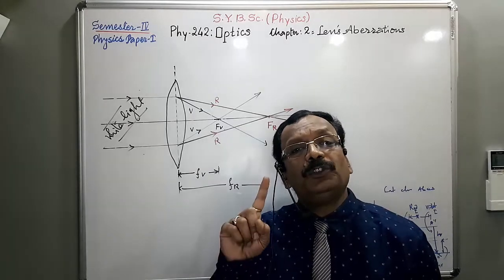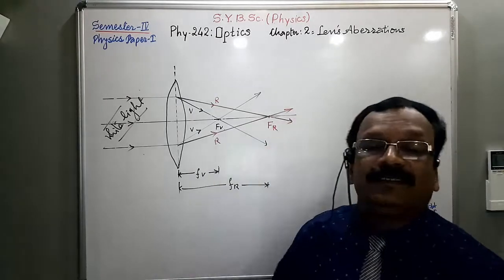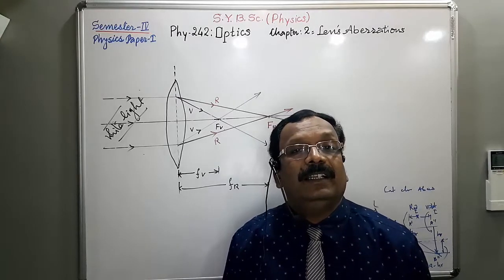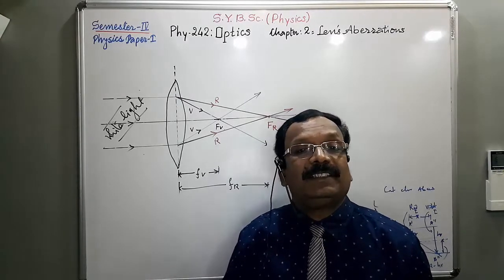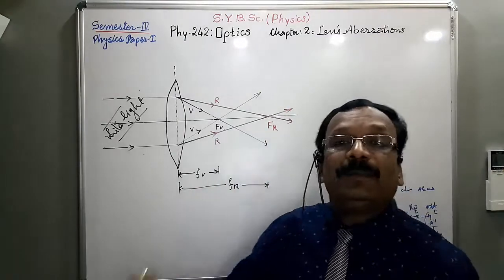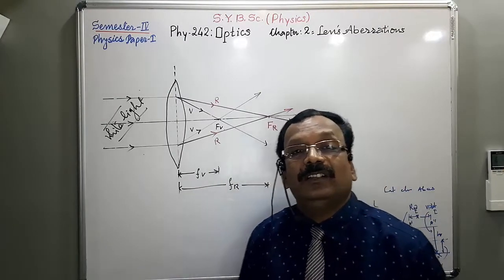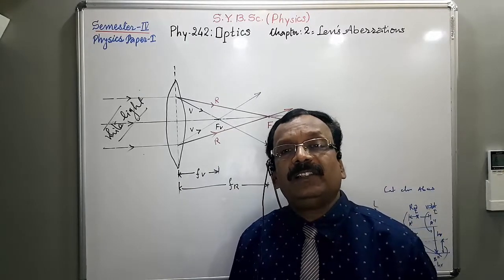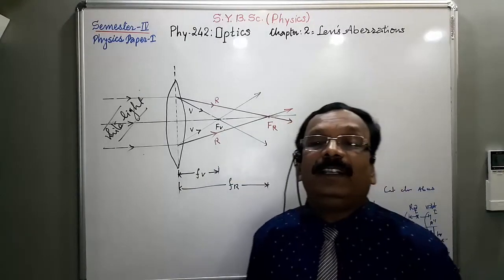The deviation produced by the lens is different for different colors, and the dispersed rays come to focus at different points on the axis of the lens, or on the principal axis.